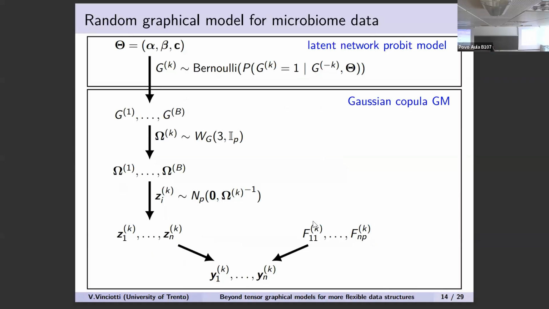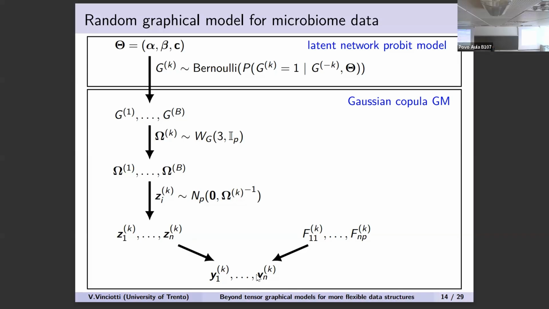So hopefully you have an idea of this complex model, which puts together all the information from all the body sites. This mimics the generative process. If I give you a theta, you would be able to generate graphs with this Bernoulli, then generate precision matrices and normal data, and with the count marginals, you would generate count data. But now we have to go backwards.